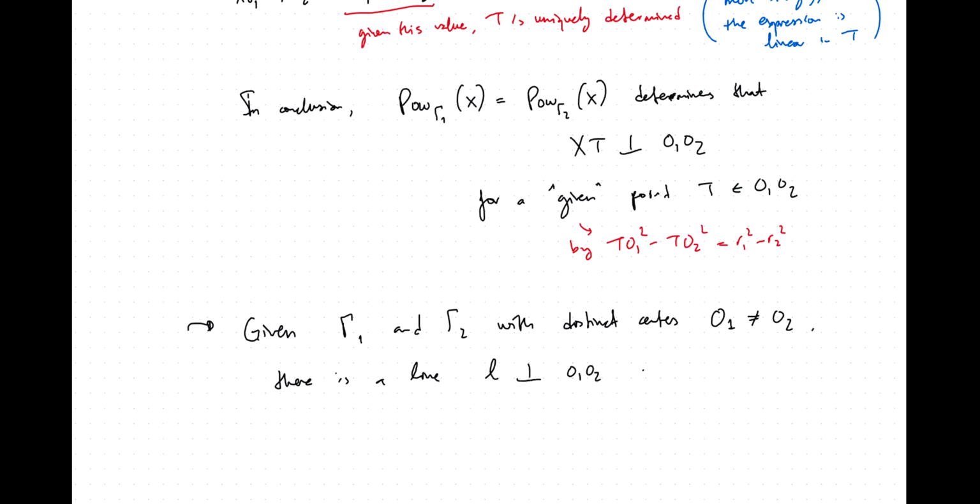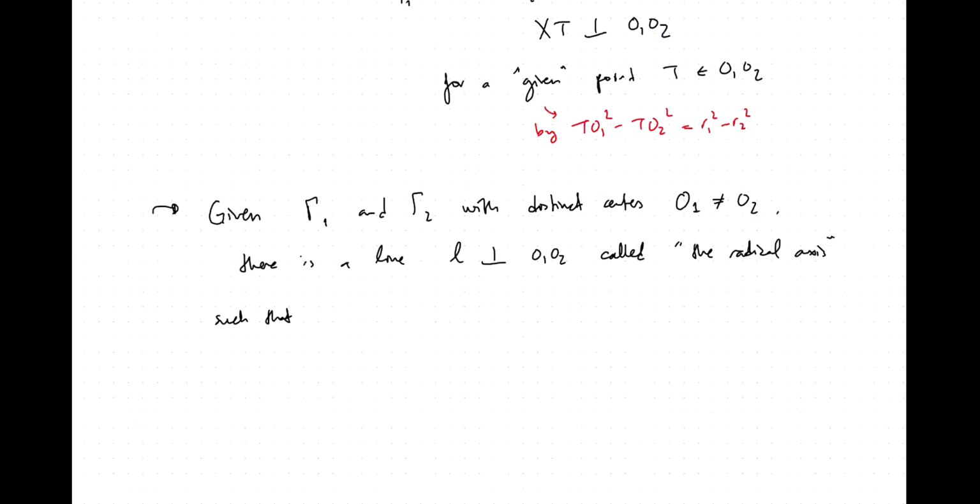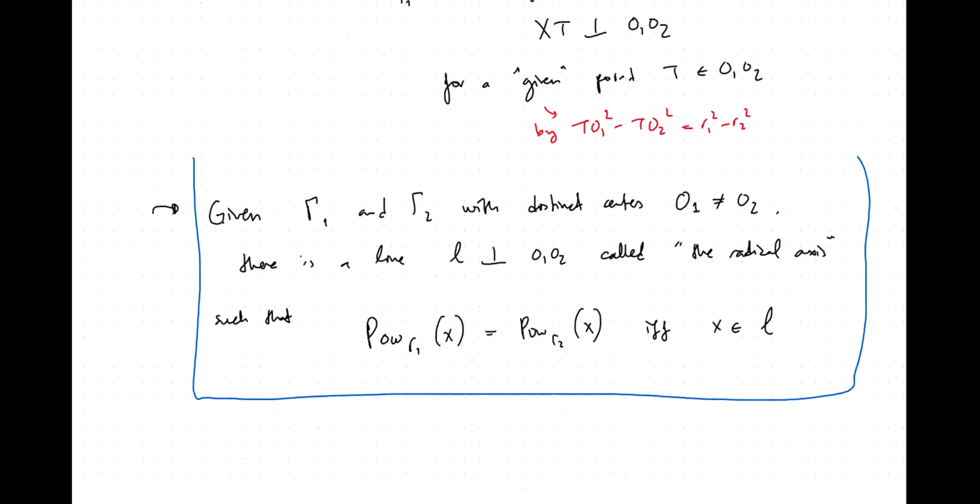This line is called the radical axis, such that the powers are equal if and only if x is incident on this line. So this is our theorem about the radical axis.